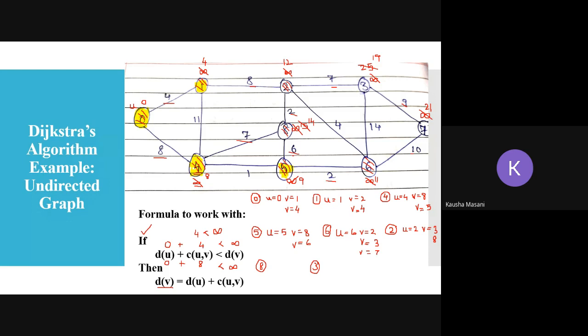So no need to do anything. Again, 3 is explored. And the last one will be what? 7. So you got all the vertex distances now. Correct? Everybody followed this example.